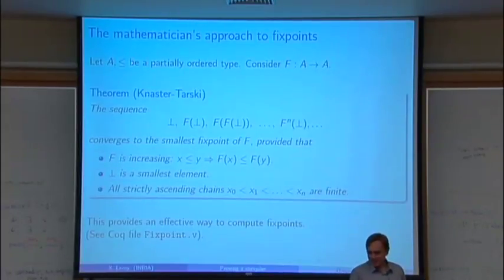Very quickly, the mathematician's approach, and then I'll come back to it, is to invoke the Knaster-Tarski theorem, which says that if you have a function f from A to A, where A is a partially ordered type with a smallest element bottom, then if you iterate f starting from bottom, so bottom, f of bottom, f of f of bottom, etc., after a while you will converge to the smallest fixed point of f, providing that f is monotone, compatible with the order, and your partially ordered type has the chain condition, which is that all strictly ascending chains are finite.